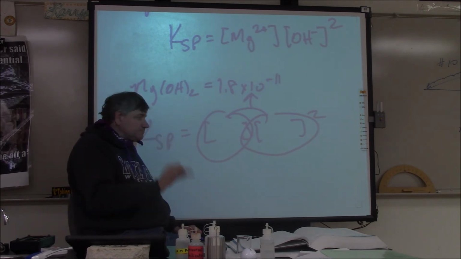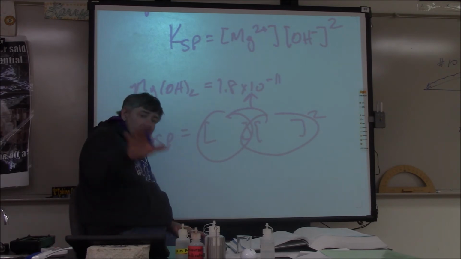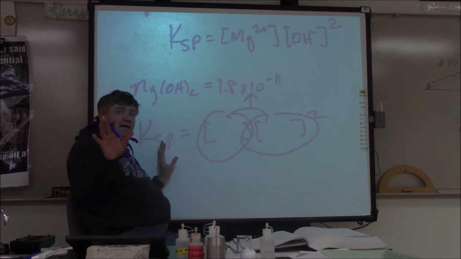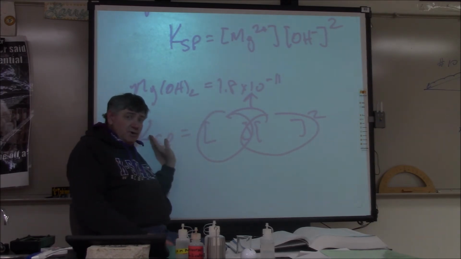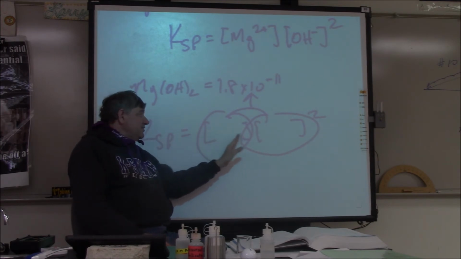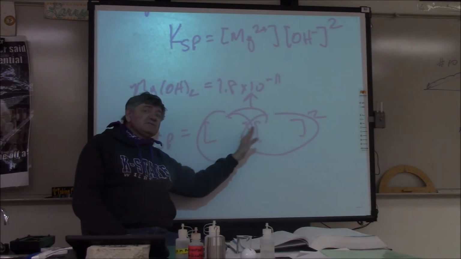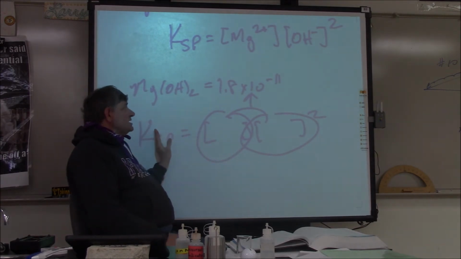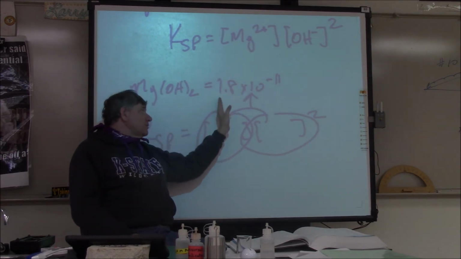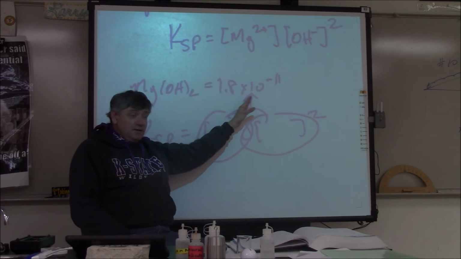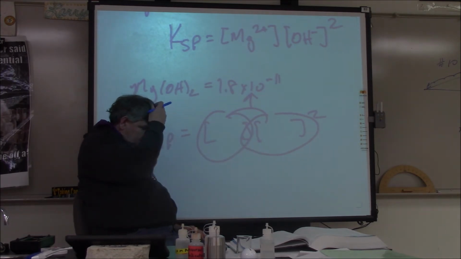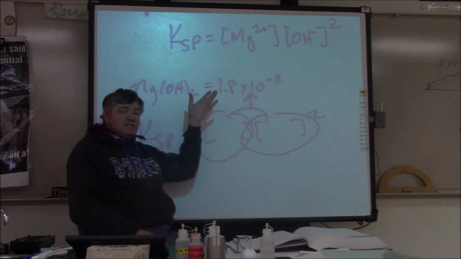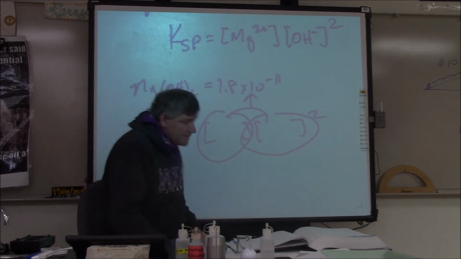Okay, that's it. Now, here's the bigger idea. Just like Ka values, if this number is smaller, like let's say this had been 1.8 times 10 to the negative 21st, that would mean these values here would be even smaller numbers. If this Ksp value had been even bigger, like 1.8 times 10 to the negative 6th, these values would be larger. Now, here's where Ksp differs from Ka.